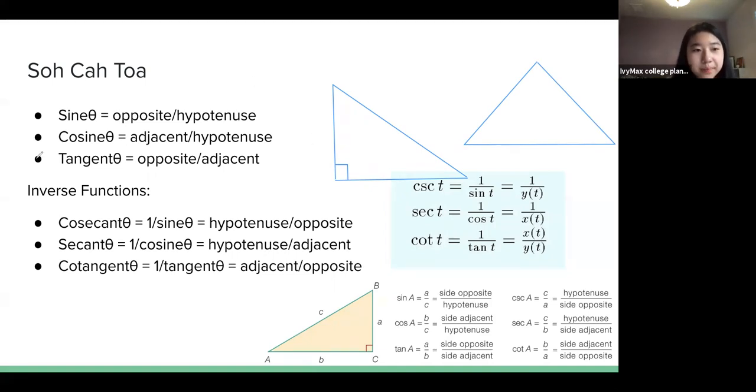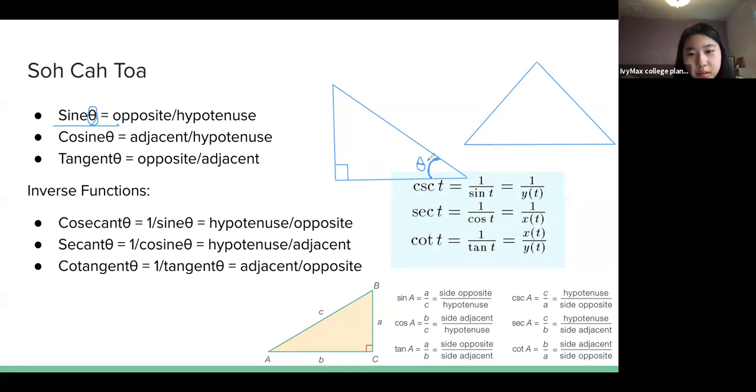And if you have a mentioned angle right here, this mark that looks like a zero means the angle that they want to use. So it's called the mentioned angle.